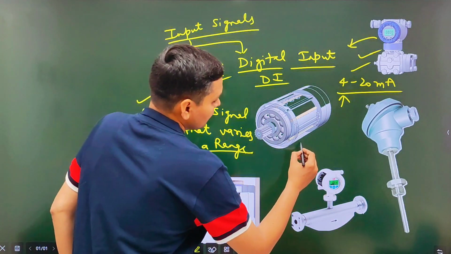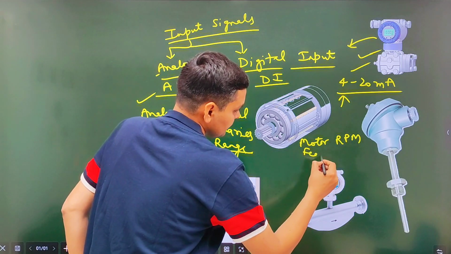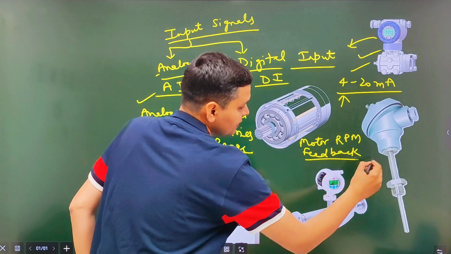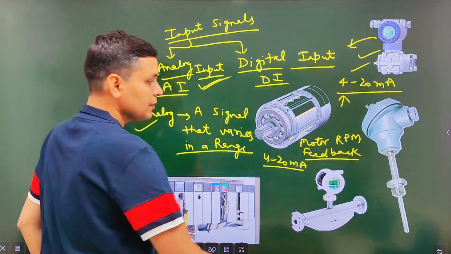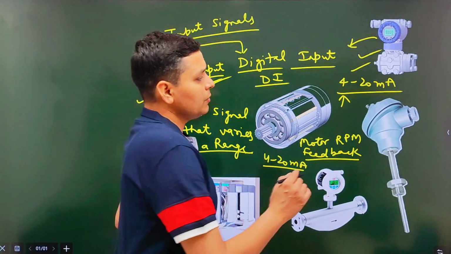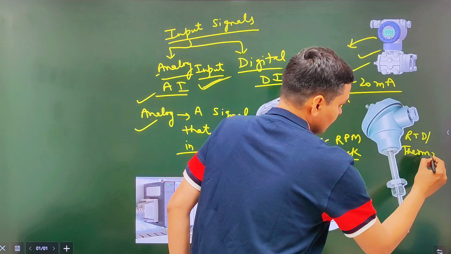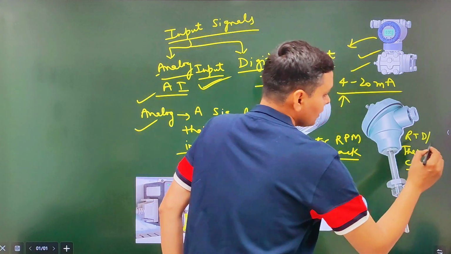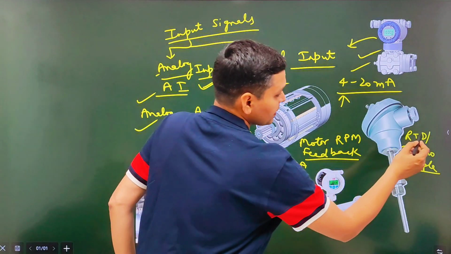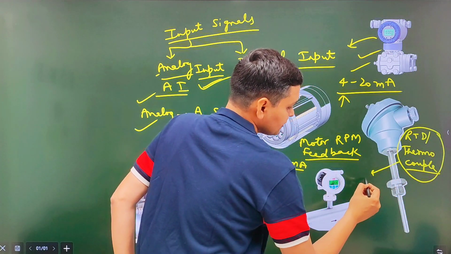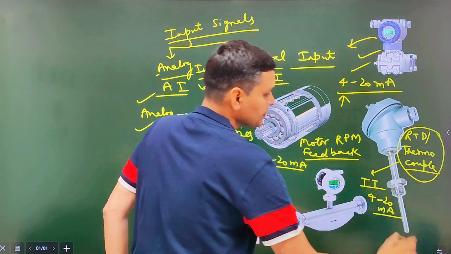If we use an RTD or thermocouple with a temperature transmitter, then the signal will be in the 4 to 20 milliampere range.